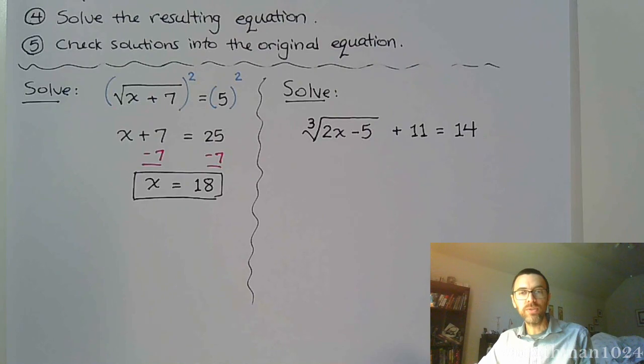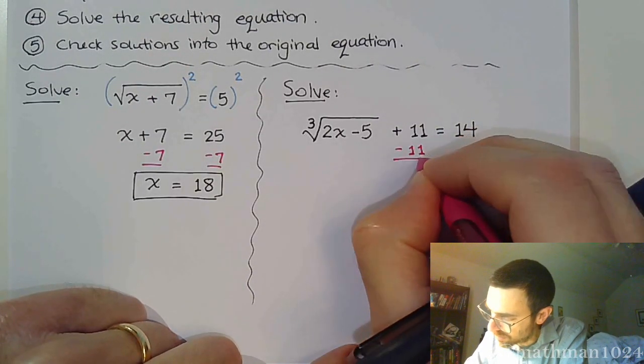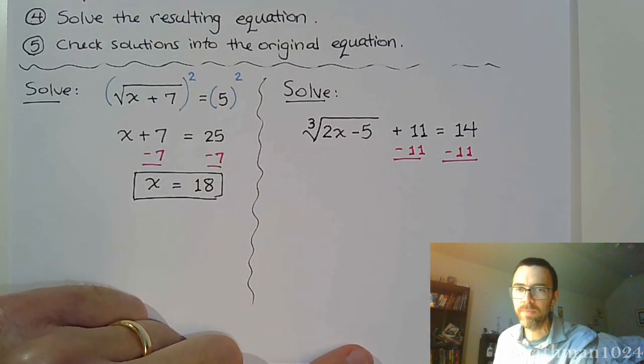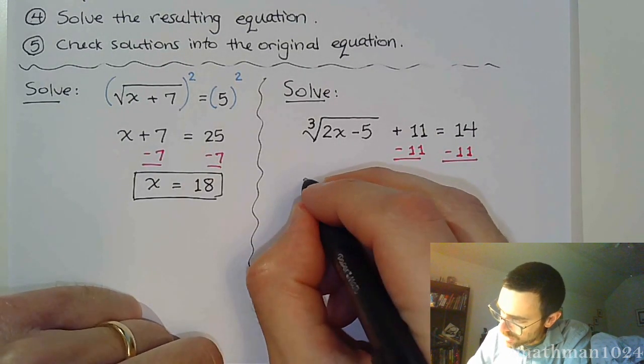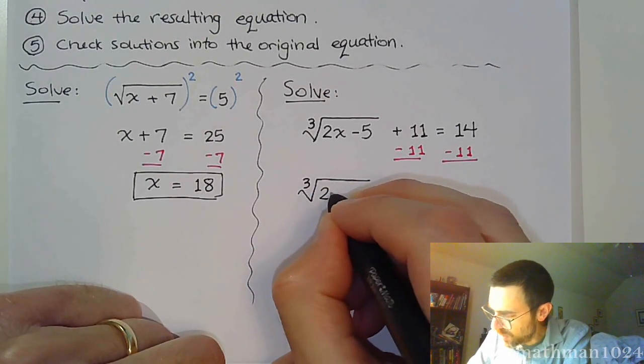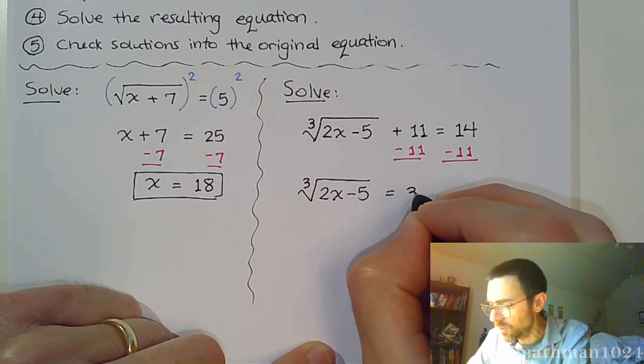All right, so to follow the steps that we have above, we need to isolate the radical. And we do that by subtracting 11 on both sides. Okay? So we have the cube root of 2x minus 5 is equal to 3.